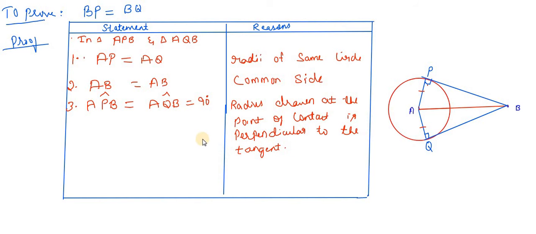Okay, this is the statement. So therefore, we can write that triangle APB is congruent to triangle AQB.